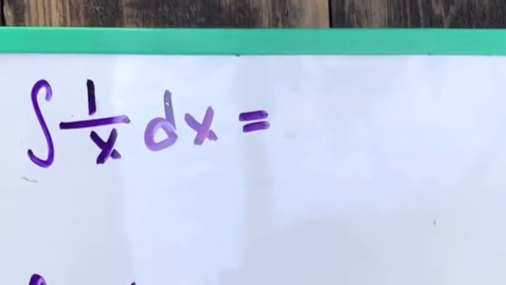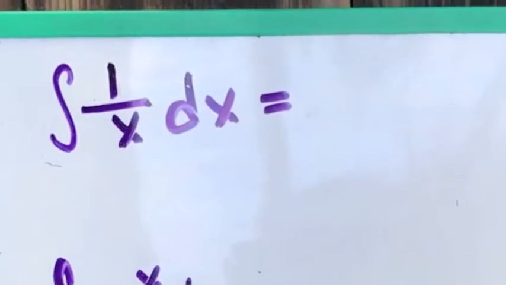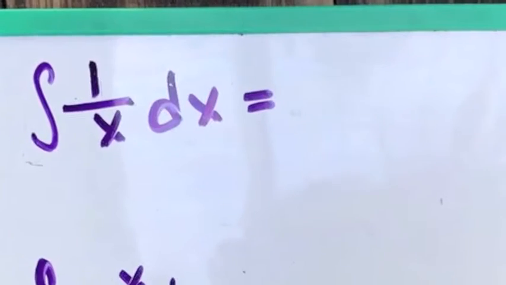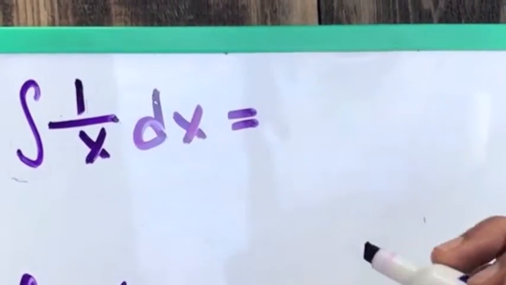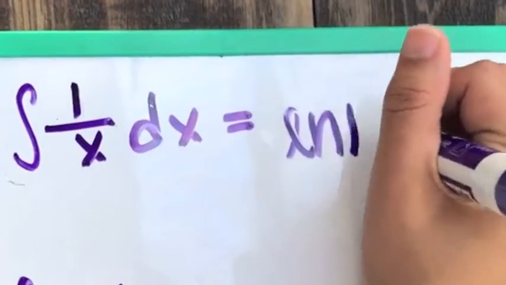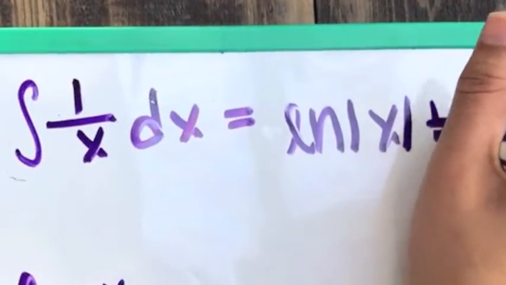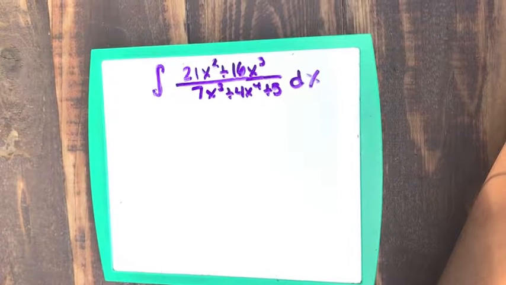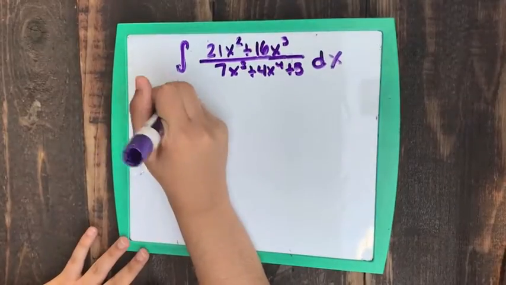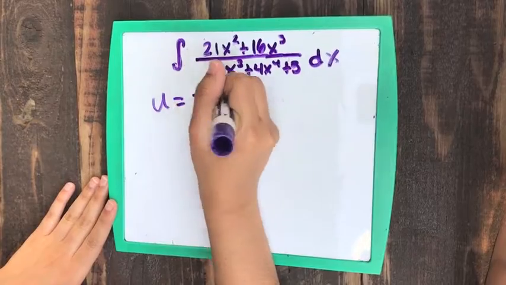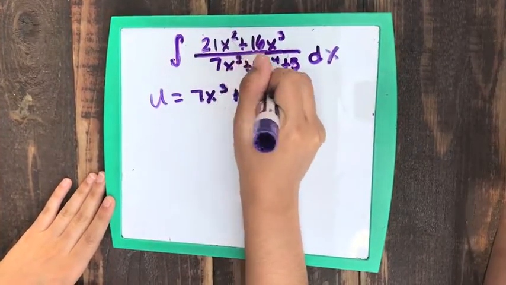When looking at the integral, if it is 1 over x dx, or when the derivative of the bottom is on top, the answer will always be ln absolute value of the number on the bottom, plus c. For the next problem, we're going to start by doing u sub of the bottom, which is u equals 7x cubed plus 4x to the 4th plus 5.